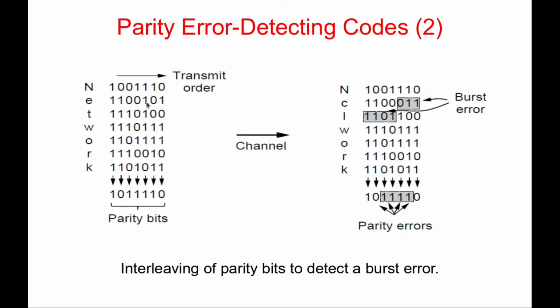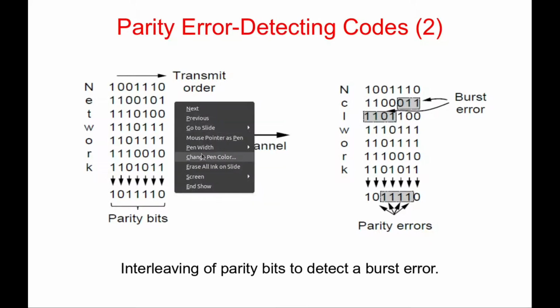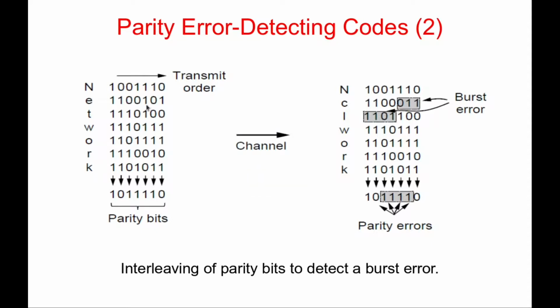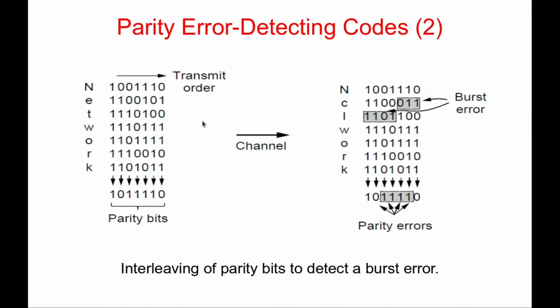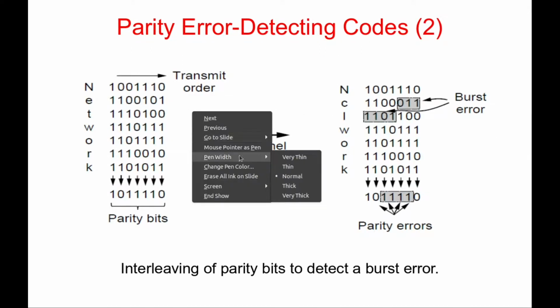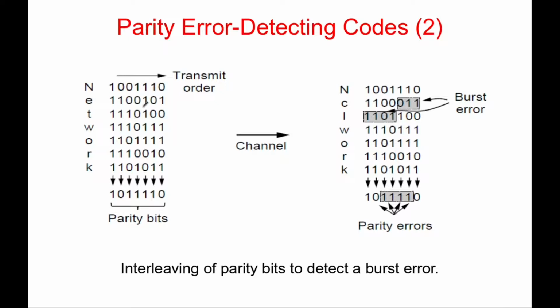So these two, well, let me draw. Well, these two bits have changed here. They have changed their values. So 1 has changed to 0 and 0 is changed to 1.